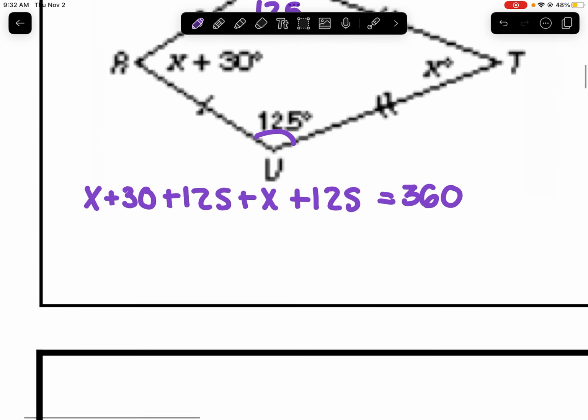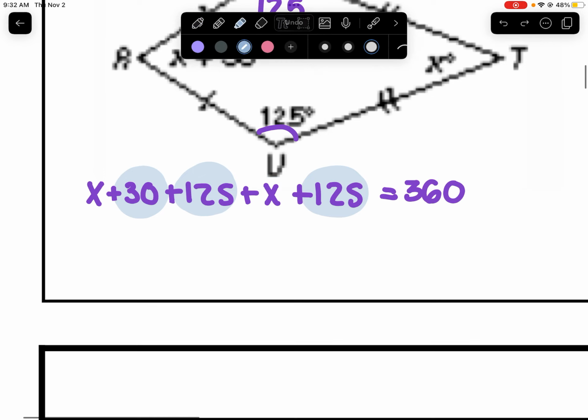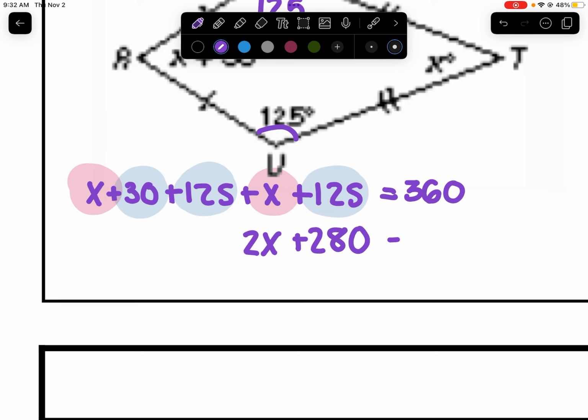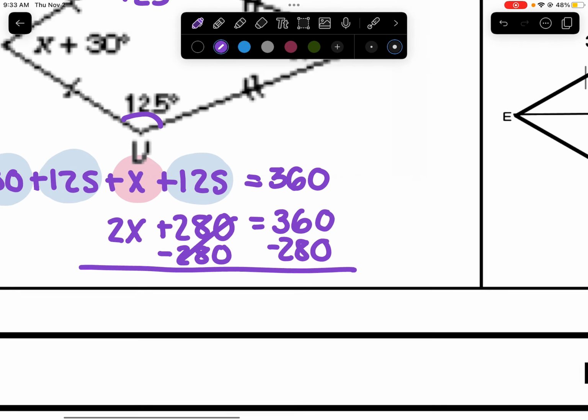When we combine like terms, we're going to find that 30 plus 125 plus 125 is 280, and that X plus X would make 2X. So we have 2X plus 280 equals 360. When we subtract 280 from both sides, we get 2X equals 80.